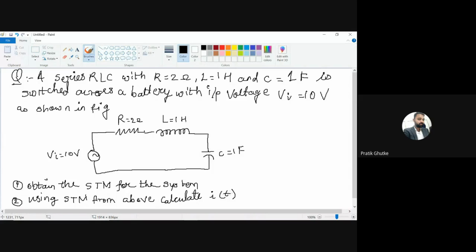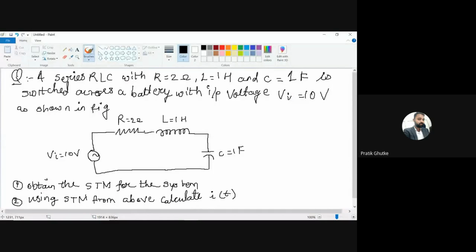The series RLC network they have given with RLC values, switched across a battery, the input voltage equals to 10 volts as shown in the figure. What we have to calculate: obtain the state transition matrix, and then using the state transition matrix you have to calculate I of t.